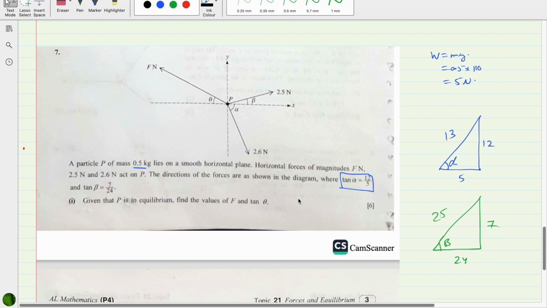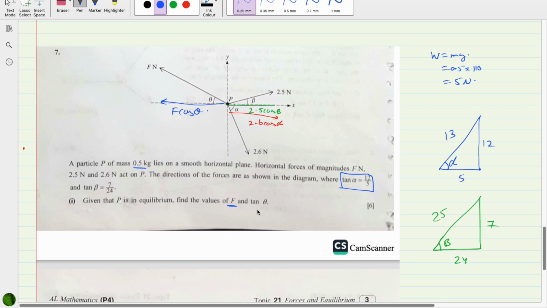So if we resolve these forces, I have to resolve 3 of the forces. So for 2.5, the horizontal component would be 2.5 cos of beta. When we talk about this 2.6, the horizontal component is 2.6 cos of alpha. And this F is F cos theta.